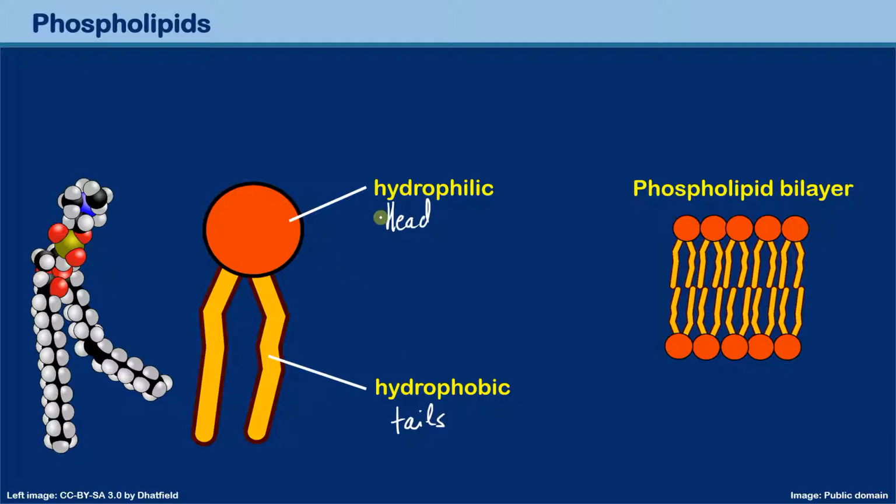The hydrophilic heads are water soluble, so the water molecules arrange around the hydrophilic head without problems. And the hydrophobic tails are not water soluble, they're fatty. Phobia means being afraid of something, so it's afraid of water, and philic means loving. So this one is water loving and this one is water fearing. And this is a single phospholipid.